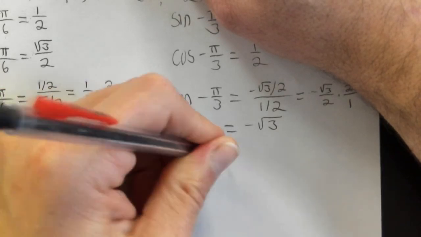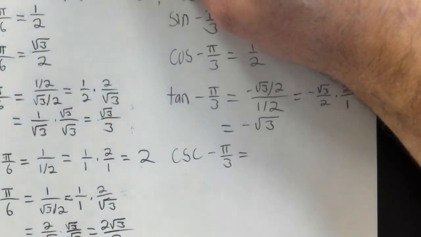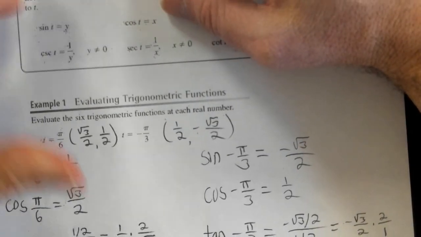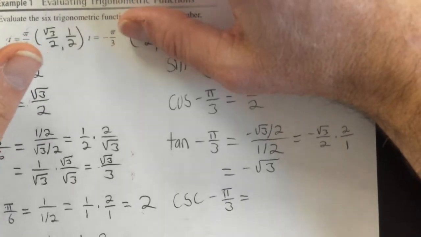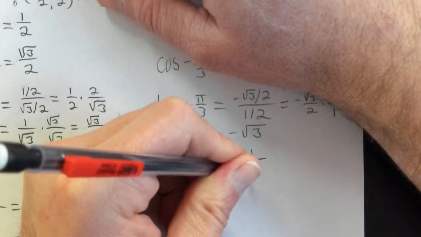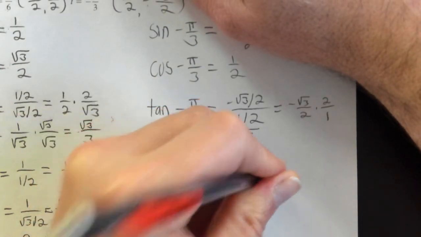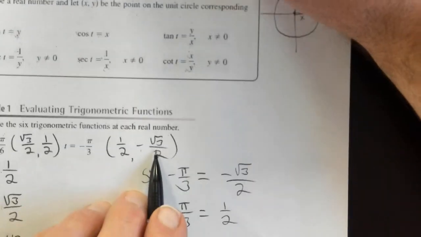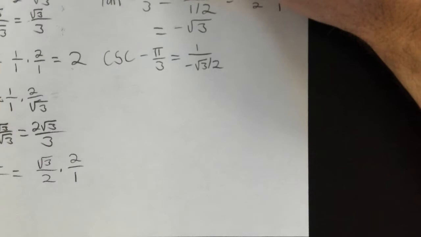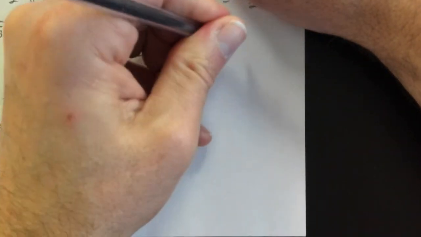So cosecant of negative pi over 3 equals, the cosecant is equal to 1 over y. So the cosecant is going to be equal to 1 over negative square root of 3 over 2, because that's the y coordinate of the point at that number. And so what we'll have to do at this point is multiply by the reciprocal of the denominator.